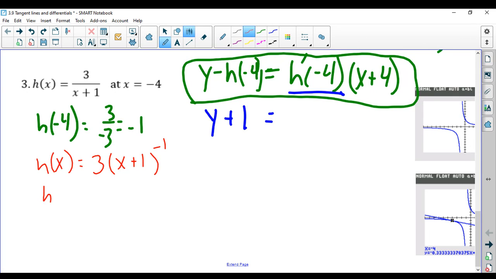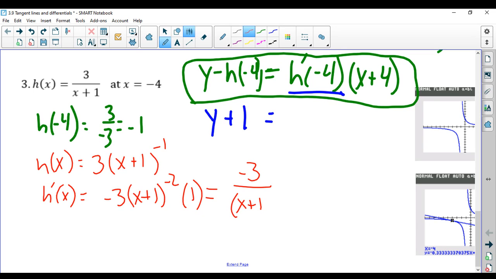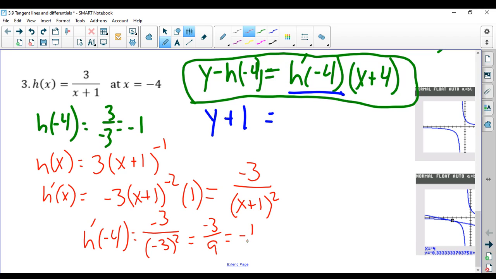The derivative is -3 times x plus 1 to the -2 times the derivative of x plus 1, which is 1, or just -3 over x plus 1 quantity squared, which means h prime of -4 equals -3 over -4 plus 1, which is -3, quantity squared. So it's -3 over a +9, which is -1/3.